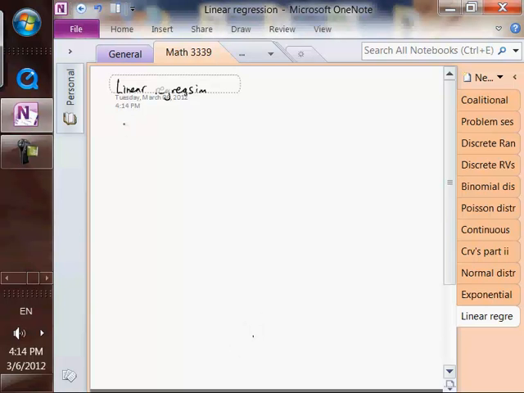What is the situation? We have two random variables, x and y, which are continuous.